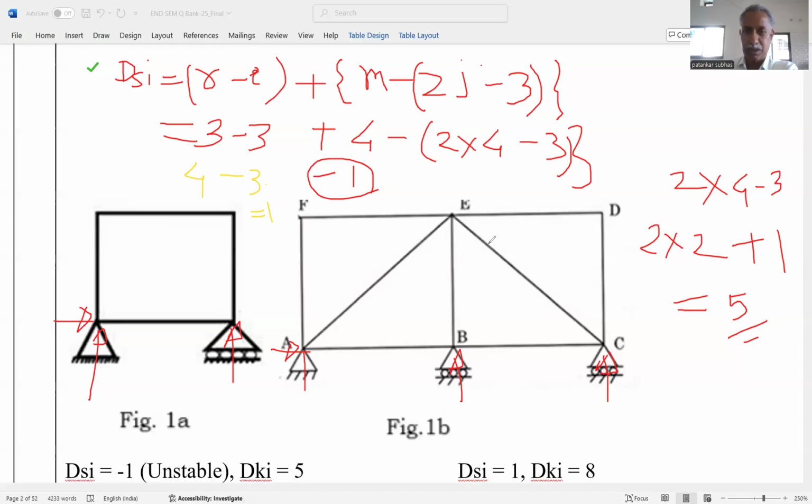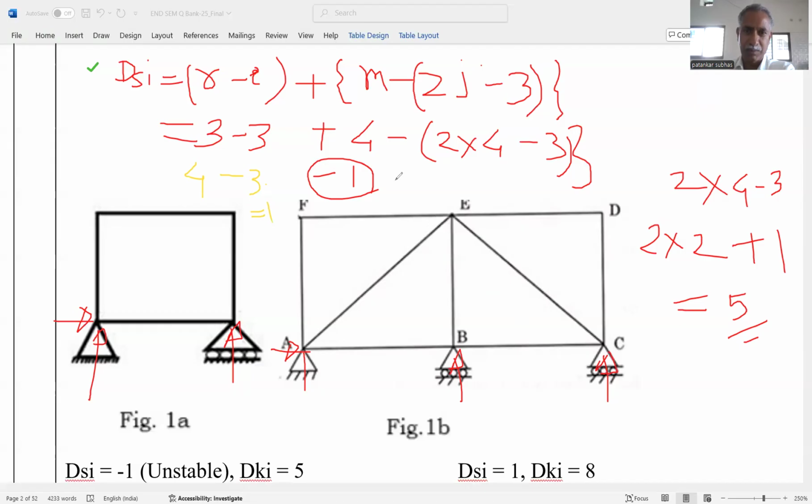But regarding the internal redundancy, again we can say that it is 0. Why 0? Because all members form the triangle at every joint. So number of members are 1, 2, 3, 4, 5, 6, 7, 8, 9 numbers.